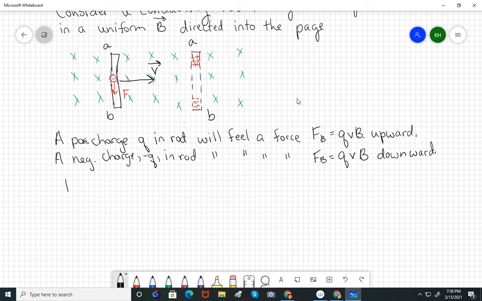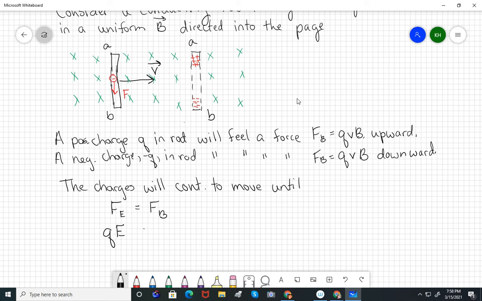So the charges will continue to move until the electric force is equal to the magnetic force. Now the electric force is QE, and that has to equal QvB. That's the magnetic force.